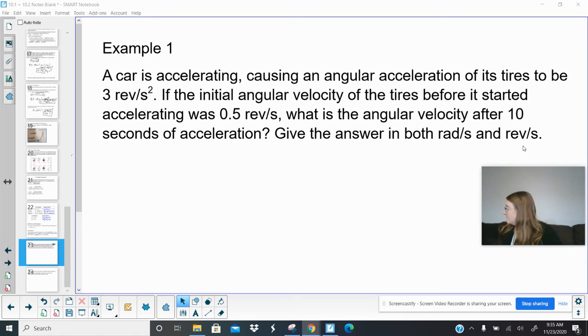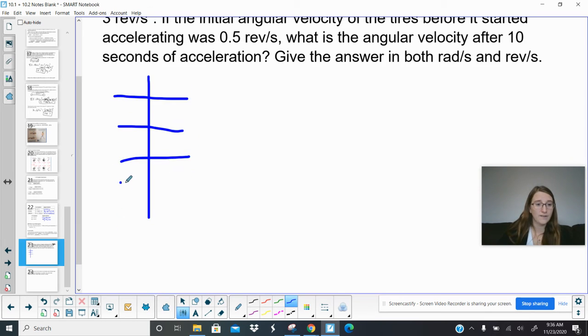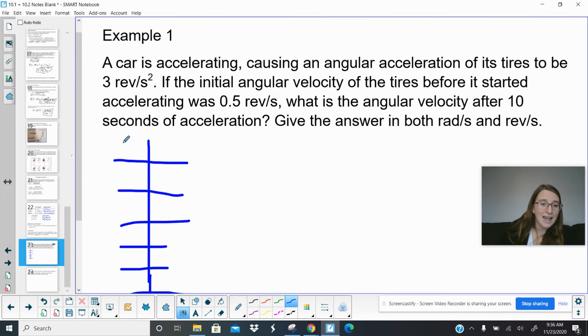So let's attack these like we attacked the kinematic equations before. We have 6 different variables here. This is kind of painful, but we have omega final, remember, that's our angular velocity final. We have omega initial, alpha for acceleration, and time.